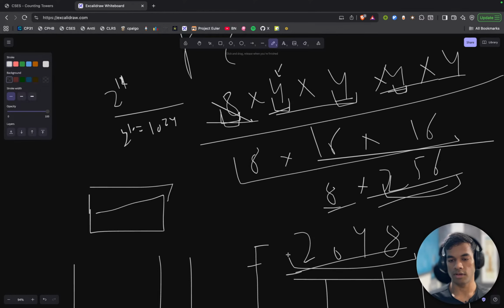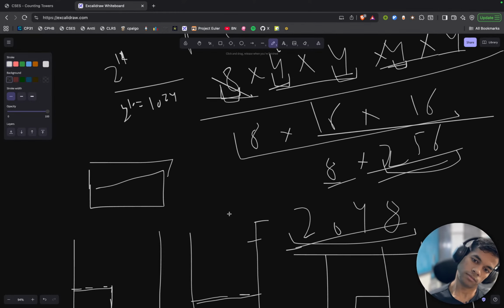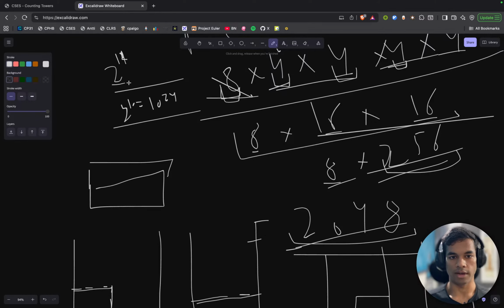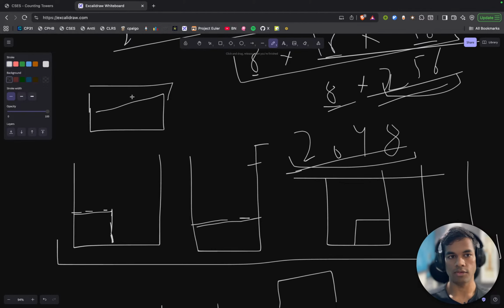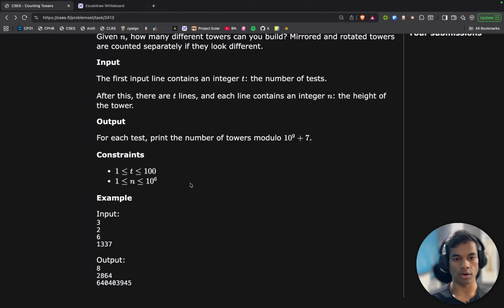So that is correct, this thing. And yes, 3 plus 4 plus 4 is equal to 11. So 2 power 11 is 2048. So the calculation is spot on, but the answer is not.